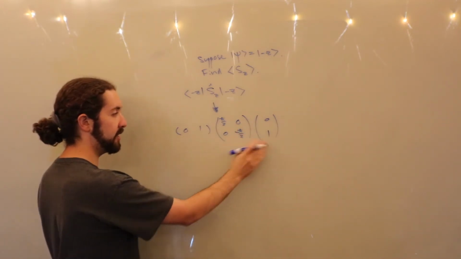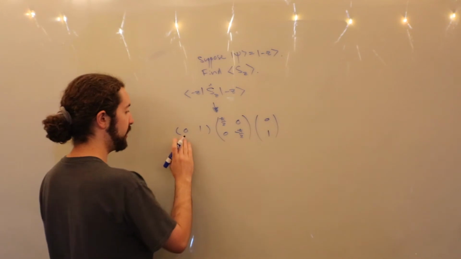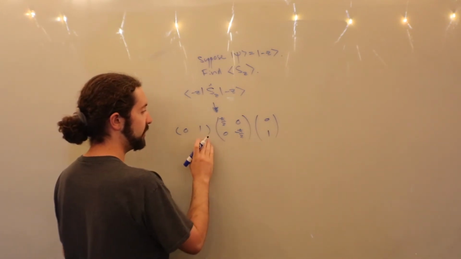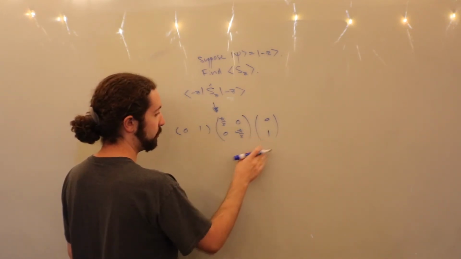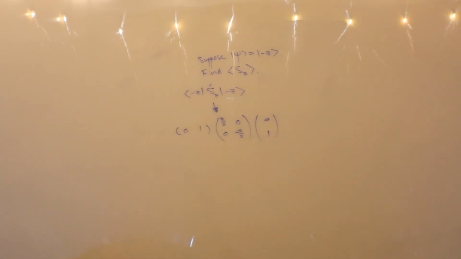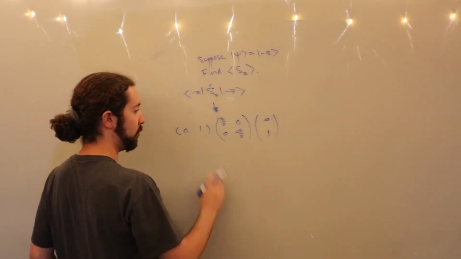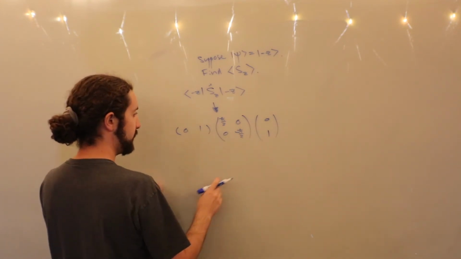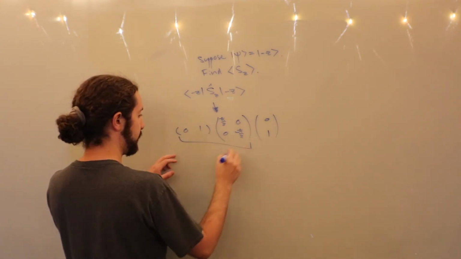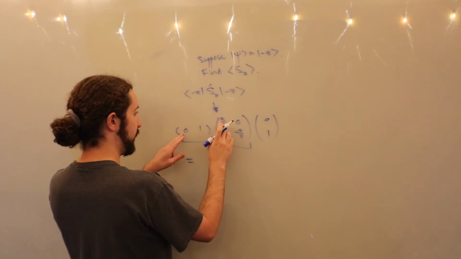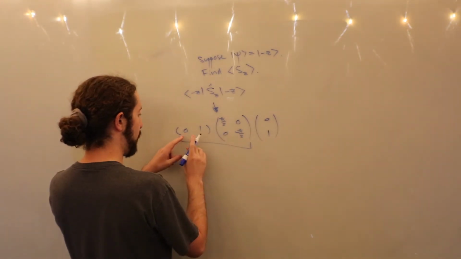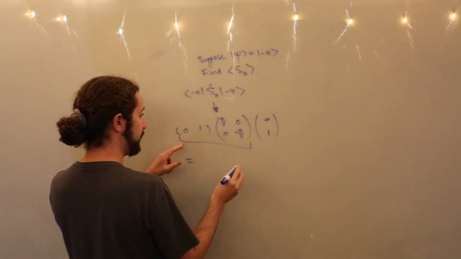So now let's multiply out. We have a 1 by 2 matrix times a 2 by 2 times a 2 by 1. We should get a number at the end of this, a 1 by 1 matrix. So let's do these two first. Our output should be a 1 by 2 matrix.